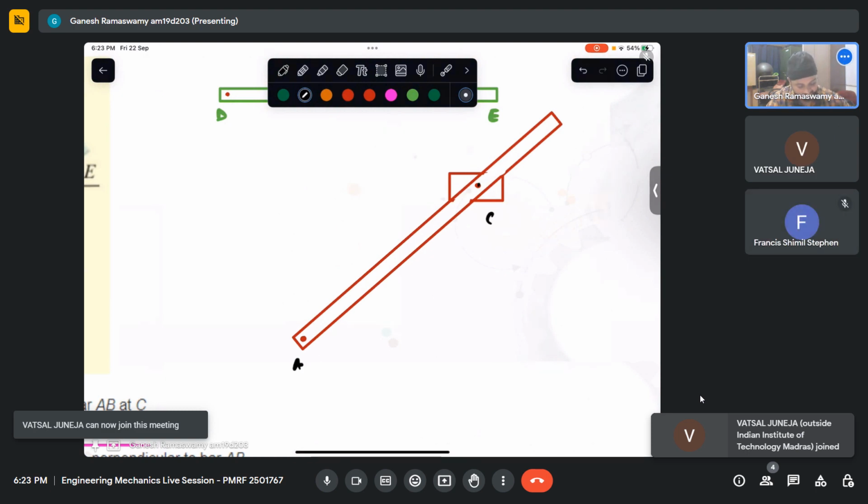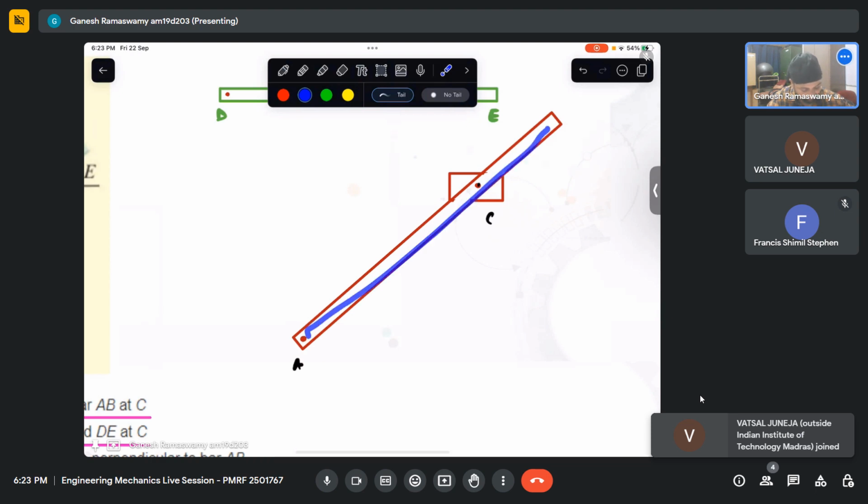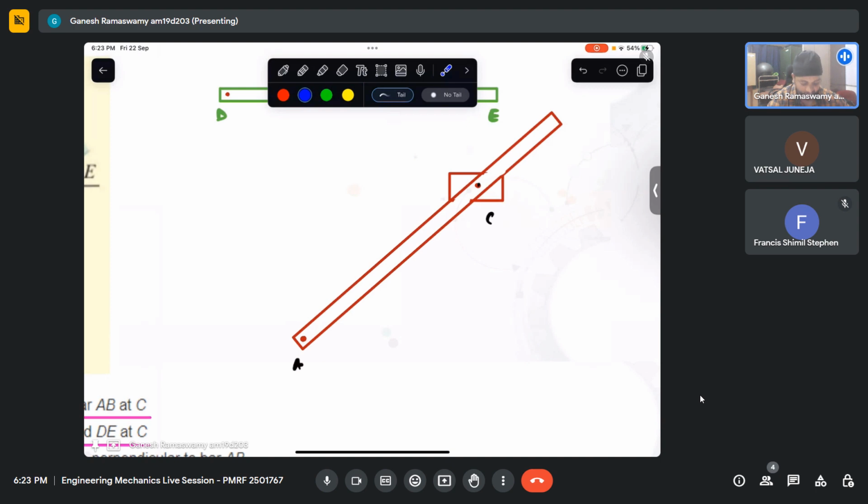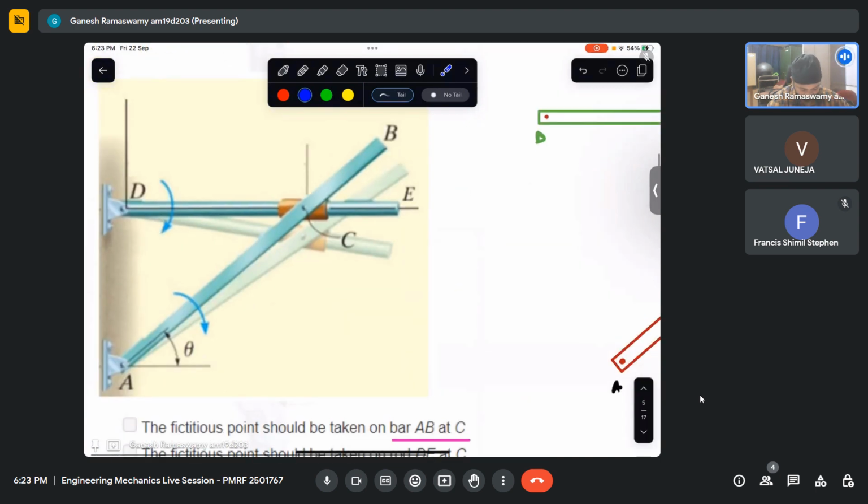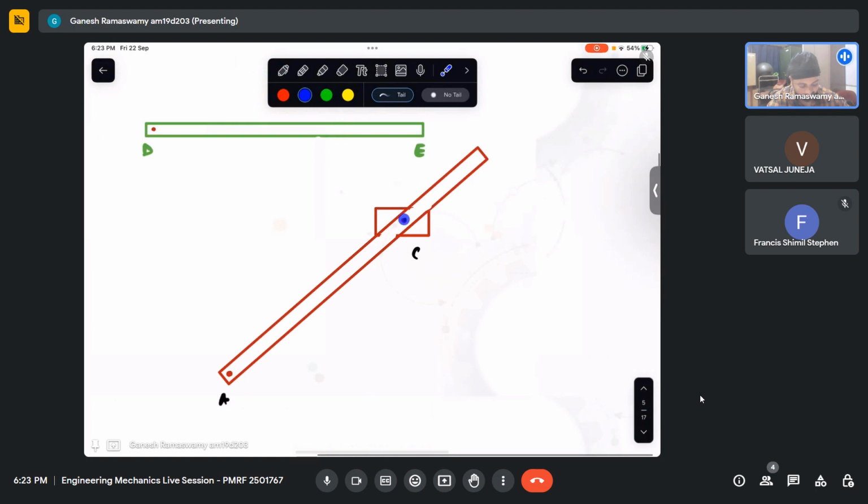In this case, I know that this bar has to invariably rotate about A. It doesn't have any other option because of the constraint given in the question that it is pinned. So we invariably know what the velocity of this would be. It can either rotate that way or it can rotate that way at best.